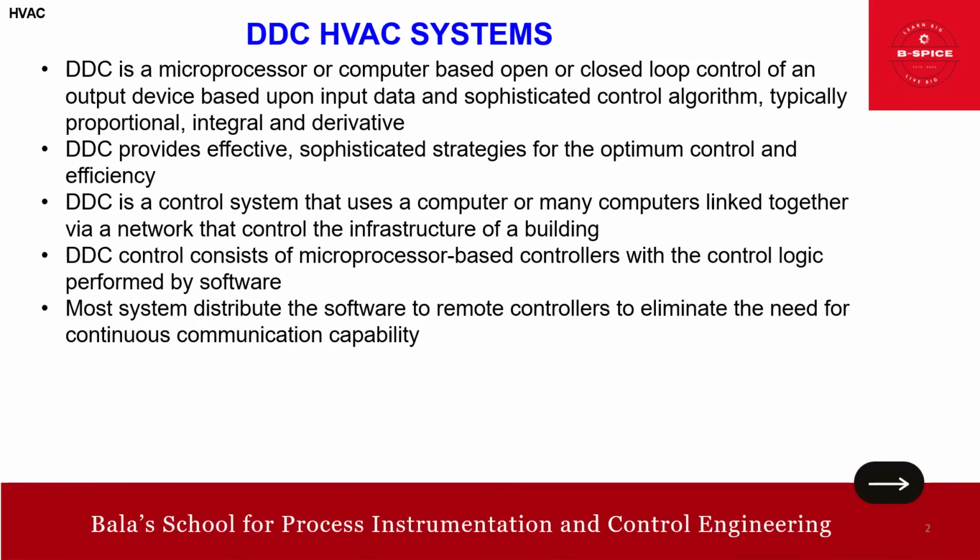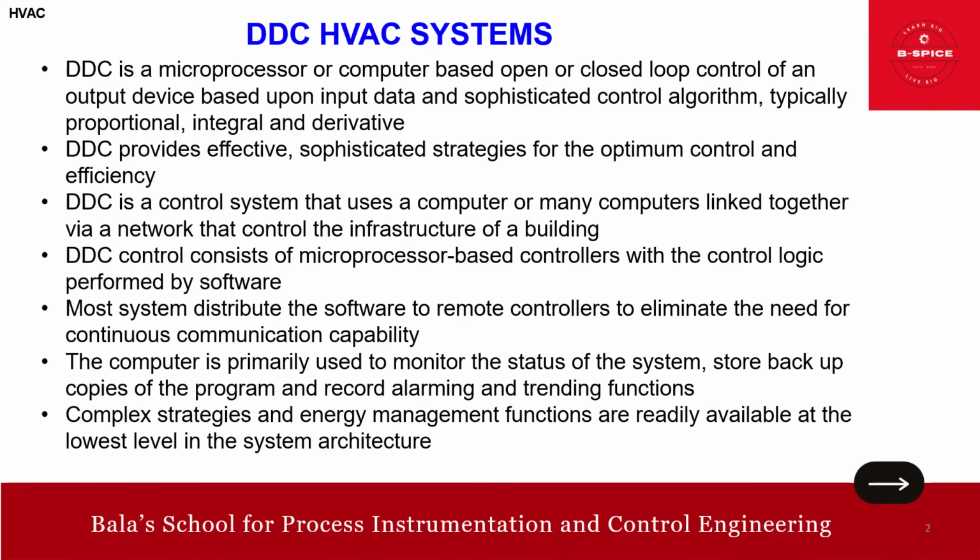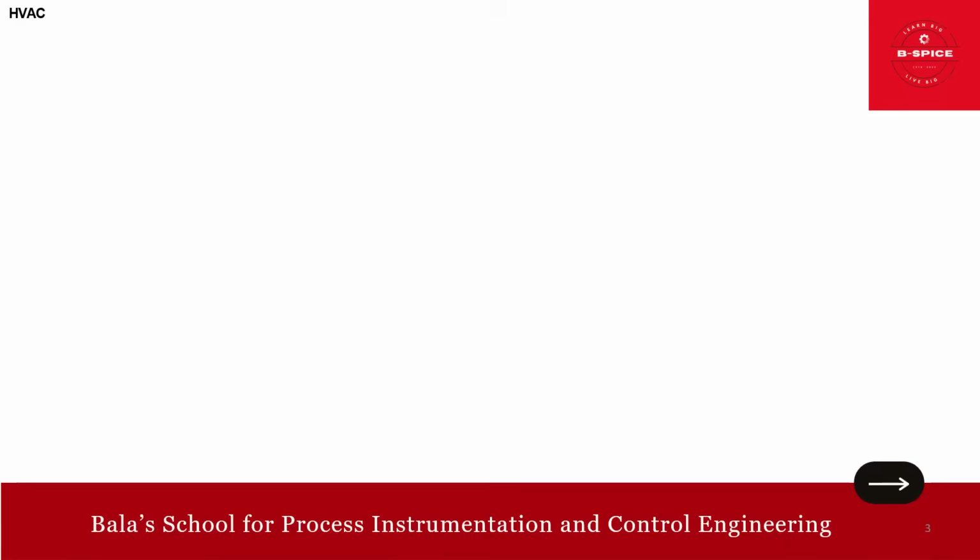Most systems distribute this software to remote controllers to eliminate the need for continuous communication capability. This computer is primarily used to monitor the status of the system, store backup copies of the program, and record alarming and trending functions. It also assists in complex strategies and energy management functions. And we also have central diagnostic capabilities. So this is the overall idea.